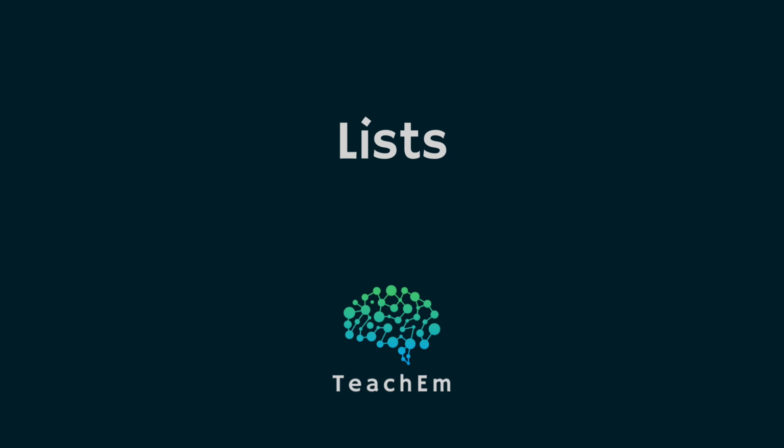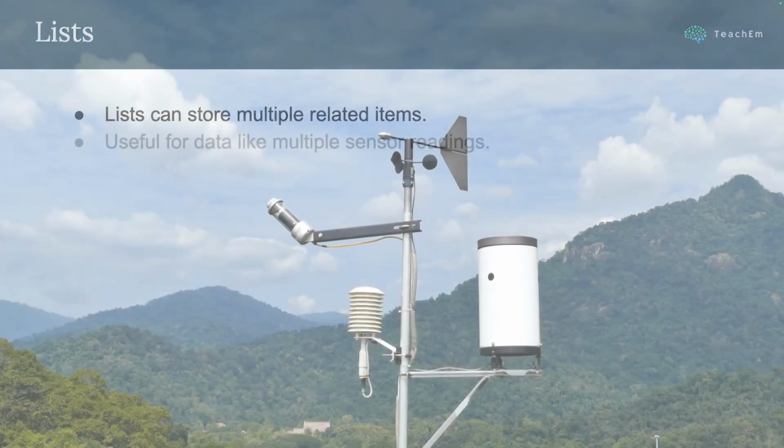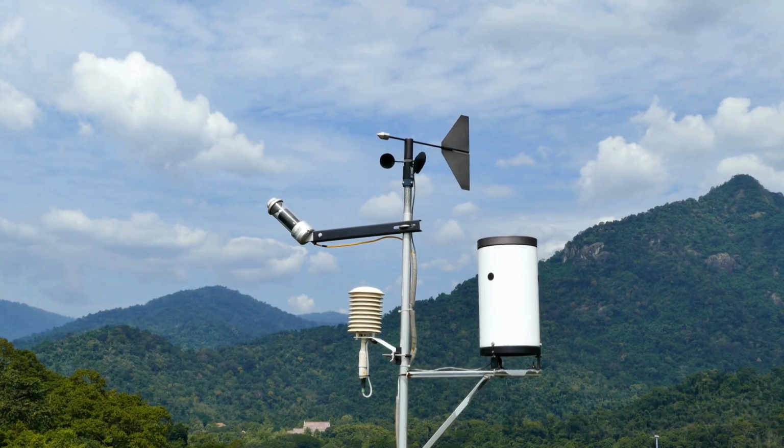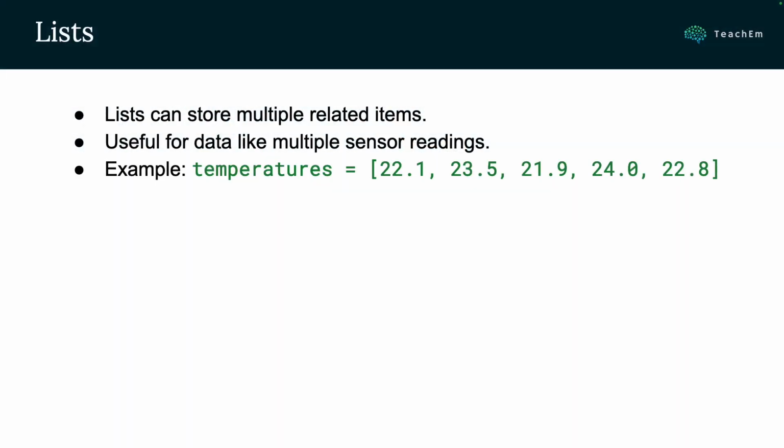Moving on, let's discuss lists. A list is a collection of items of any data type. It could be integers, floats, strings, or even other lists. Lists are incredibly useful when you need to store and manage multiple related items. Imagine that you're collecting data from a sensor that records temperature readings throughout the day. You could store these readings in a list, and your data could look like this.